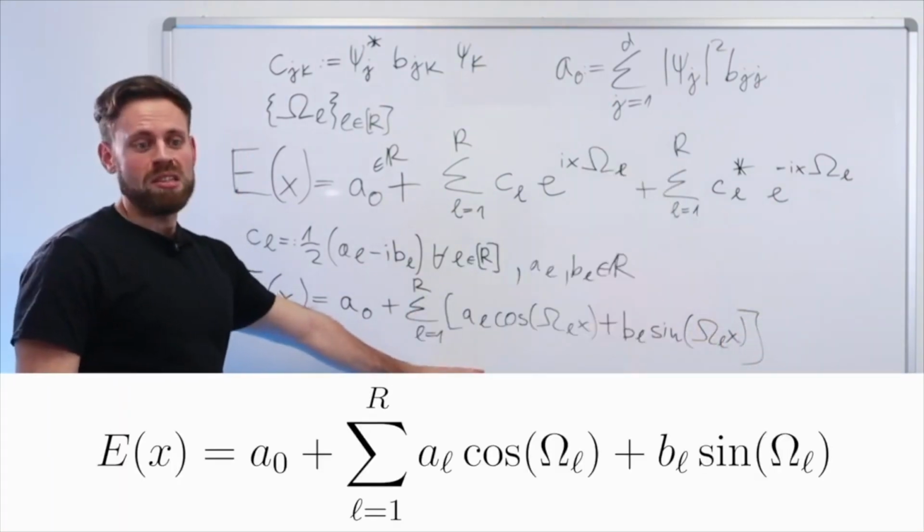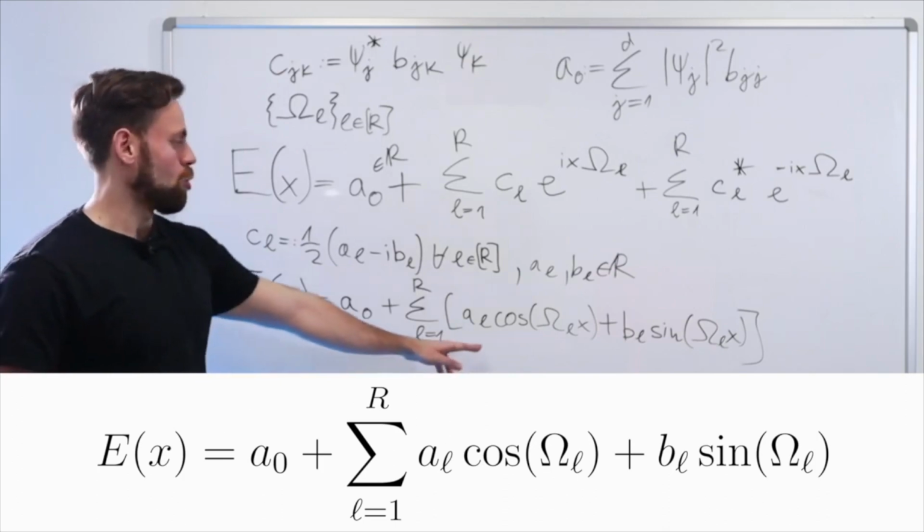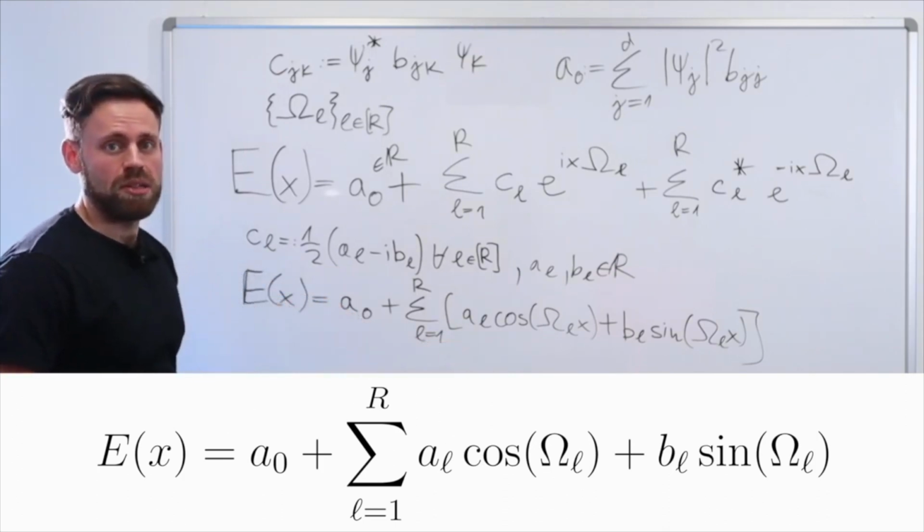If you have a look at this expression, this is a cosine sine form of a Fourier series.